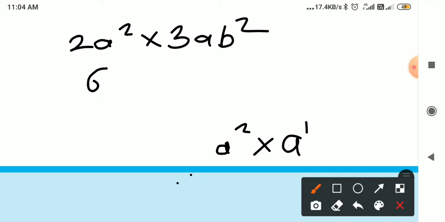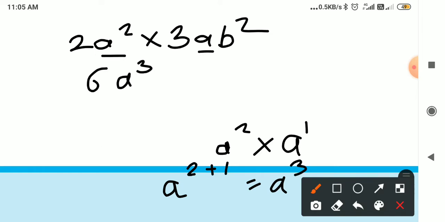So when the base is the same and multiplication is there between the two terms, then we have to do the addition of indices. So 2 plus 1 equals a raised to 3. So a square into a is equal to a cube.